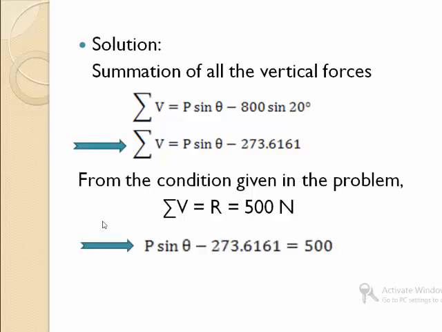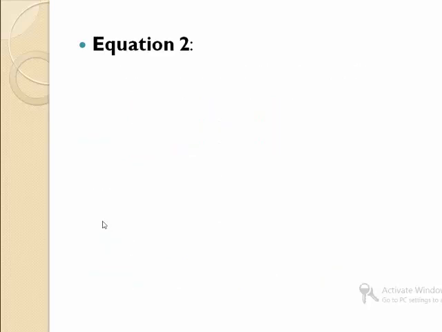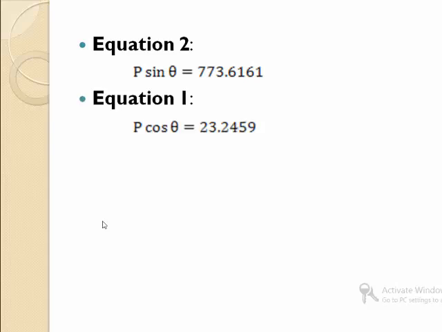So we can have the relationship for P sin theta as 773.6161 is equal to P sin theta. We can have this equation as equation 2. So equation 2 is P sin theta is equal to 773.6161. Equation 1 is P cos theta is equal to 23.2459.